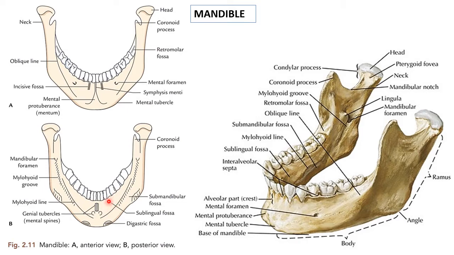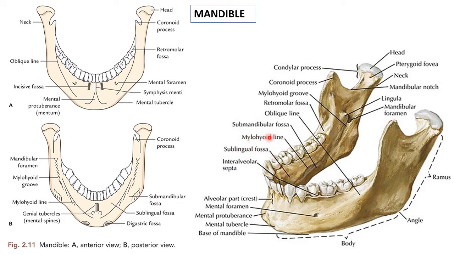It lodges the sublingual gland. And below the posterior part of the mylohyoid line, there is a fossa which is called submandibular fossa, and it lodges the submandibular gland. This is the sublingual fossa.